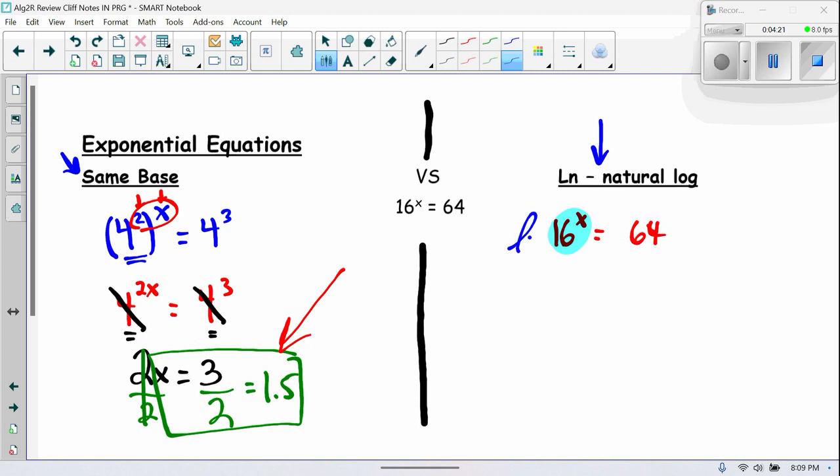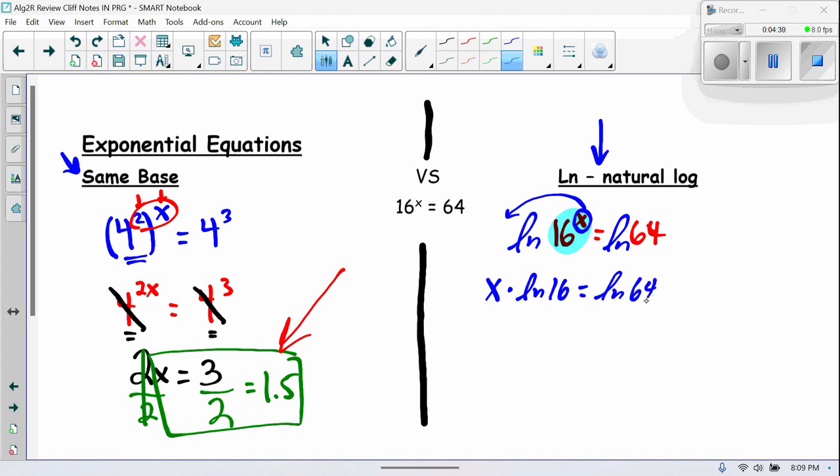If I take the natural log of one side, I have to take the natural log of the other. What log and natural log do is bring the exponent down like it's a lead coefficient. x times the ln of 16 equals the ln of 64.